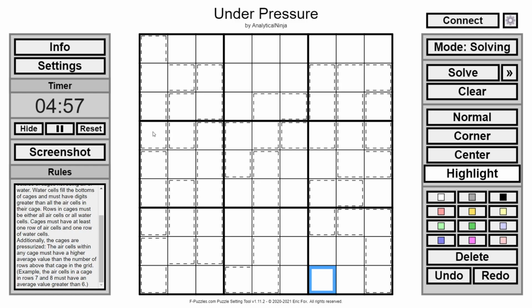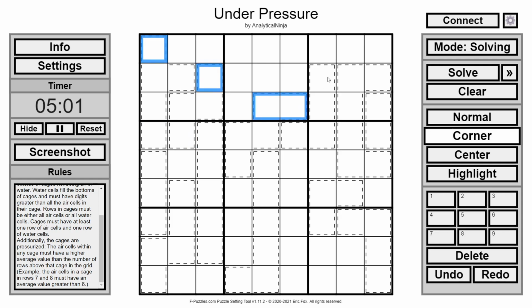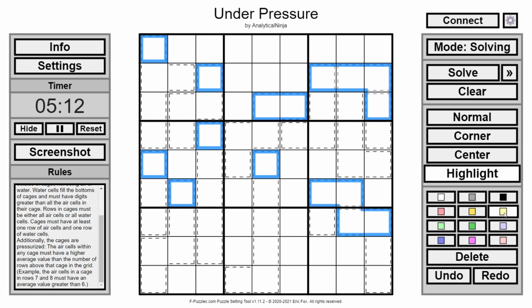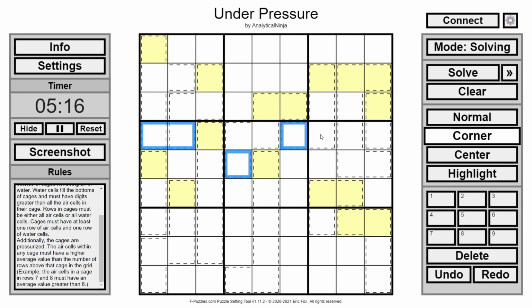So the first thing I'm going to do at least, is color the tops of all the cages, because all the cages have at least one row of air. So that's the easiest bit, and then also one row of water.